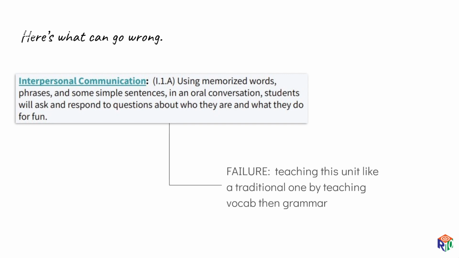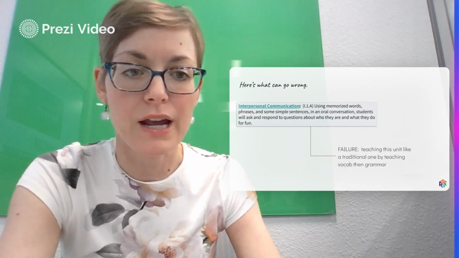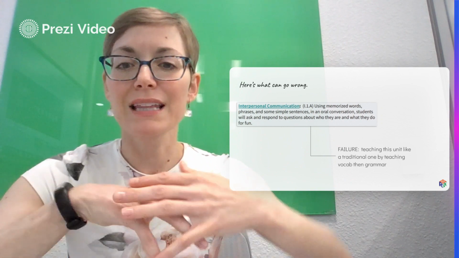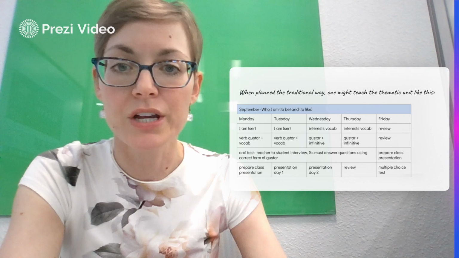So the teacher would first teach the vocabulary, then they would teach the grammar, and then give the kids a multiple choice test and fill in the blanks in the conversation. That's not going to allow our students to show what they really can do with the language.